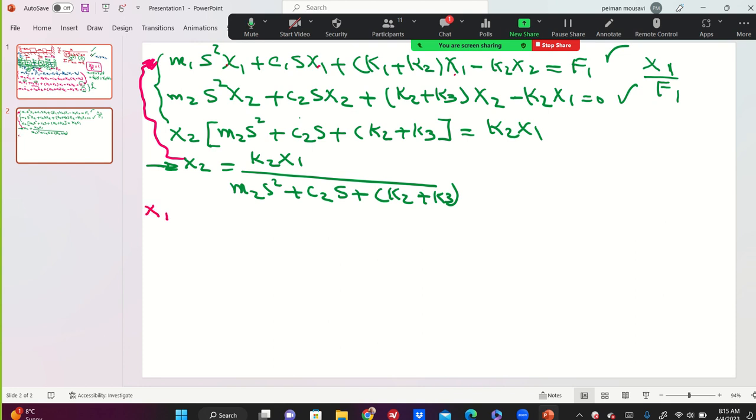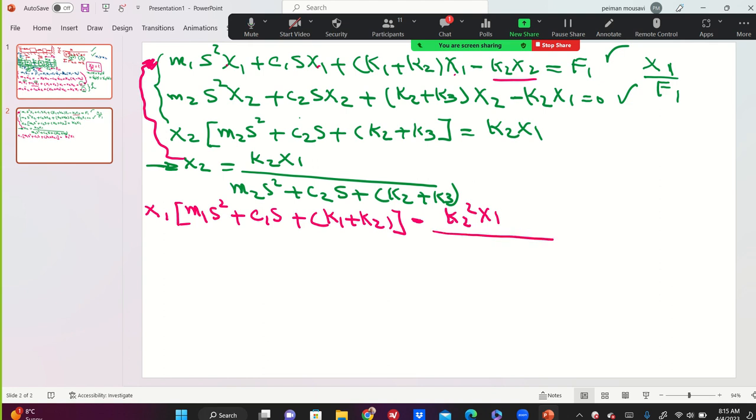So you're gonna have x1 times (m1 s squared plus c1 s plus k1 plus k2 minus k2 squared divided by m2 s squared plus c2 s plus k2 plus k3) is equal to f1.